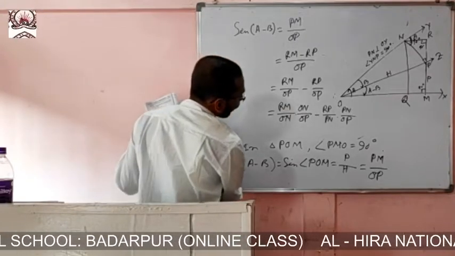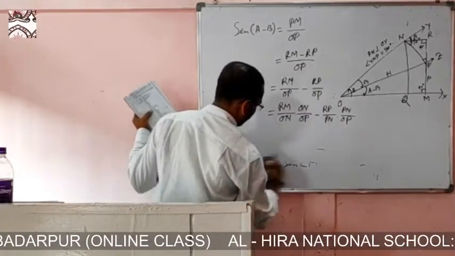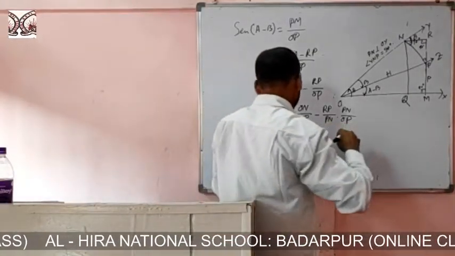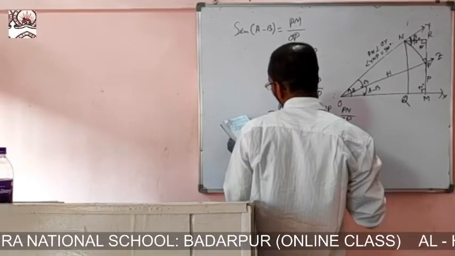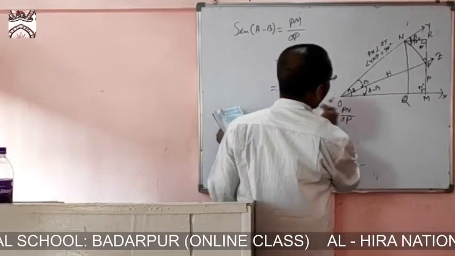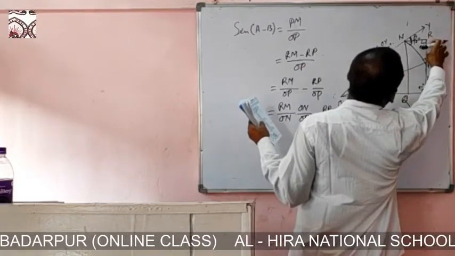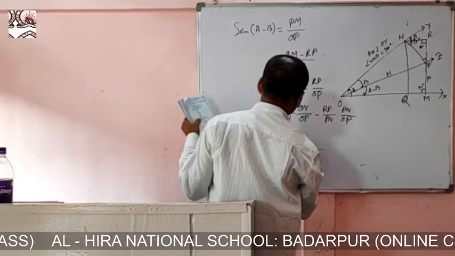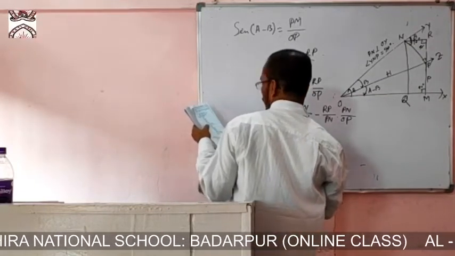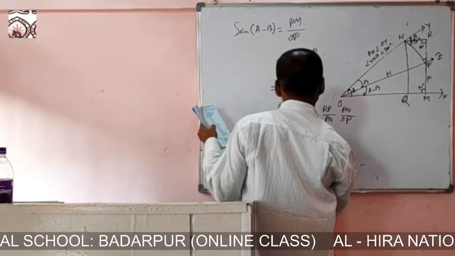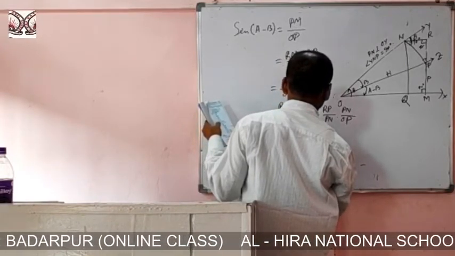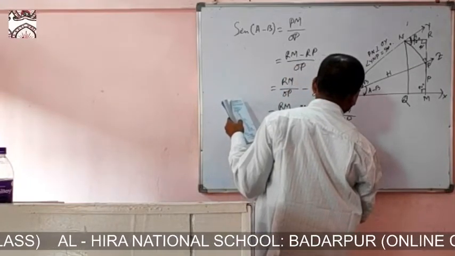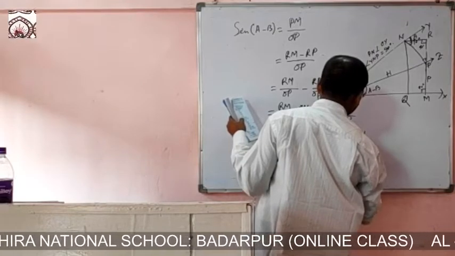Then RM by OP, what is RM? In place of RM we can write NQ by ON into ON by OP, minus RP by PN into PN by OP.